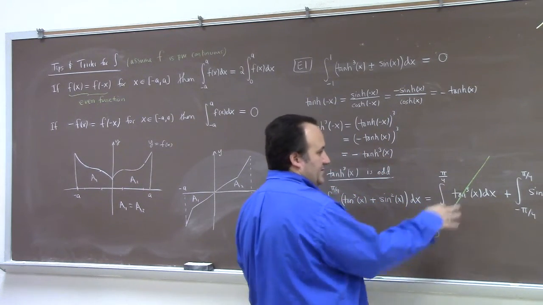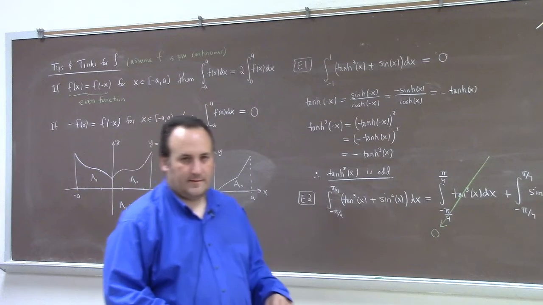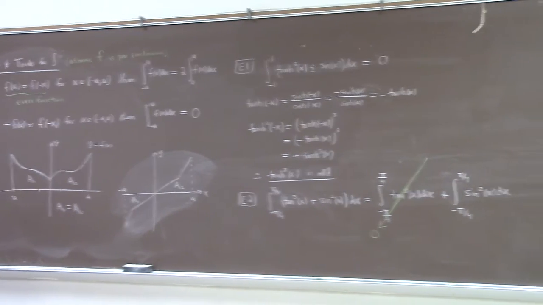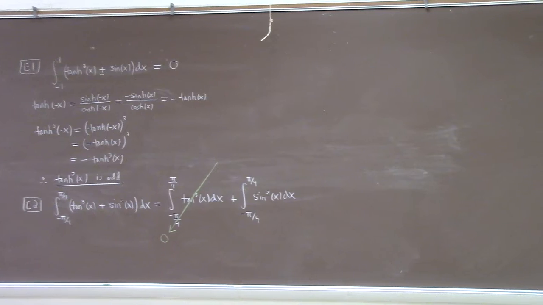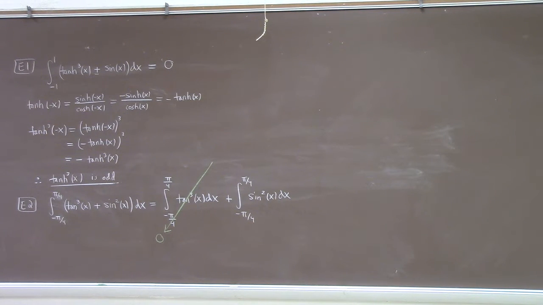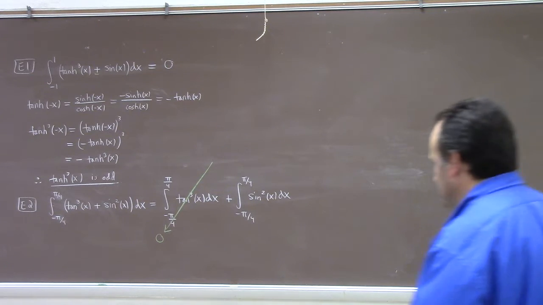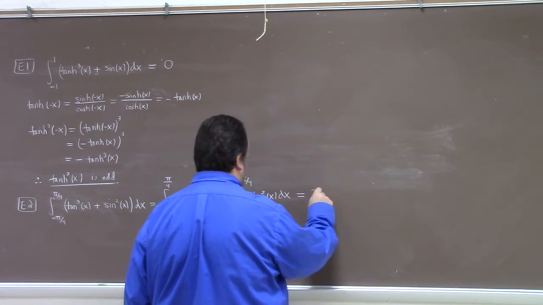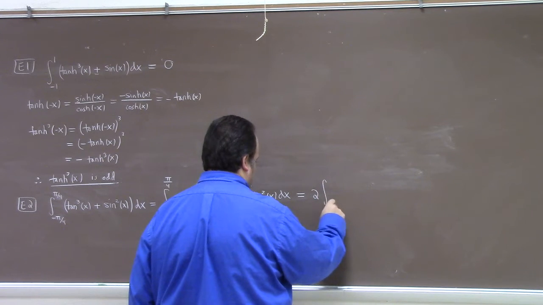And the second piece, what can we do? Well, I'll straight calculate it, but I'm going to show you tricks about how to think about that integral as well, in just a second. So that's really twice the integral from 0 to pi over 4, right?